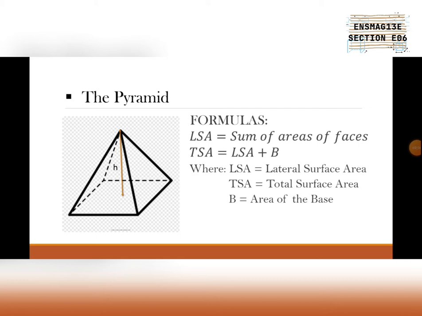The lateral surface area is the sum of the areas of the faces, and remember that the faces of your pyramid are triangular in shape. To determine the total surface area, we simply sum up the lateral surface area and the area of the base.